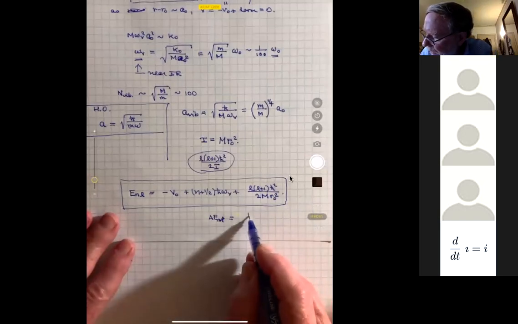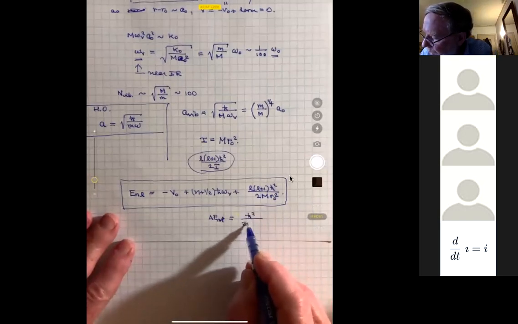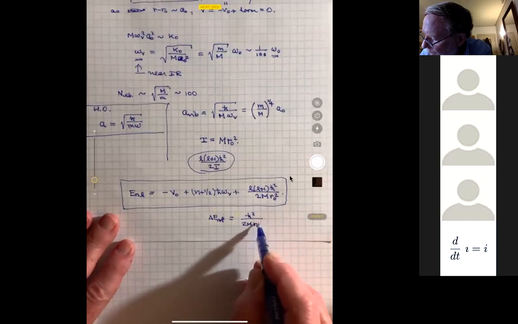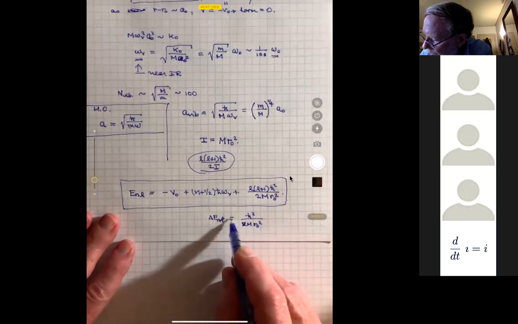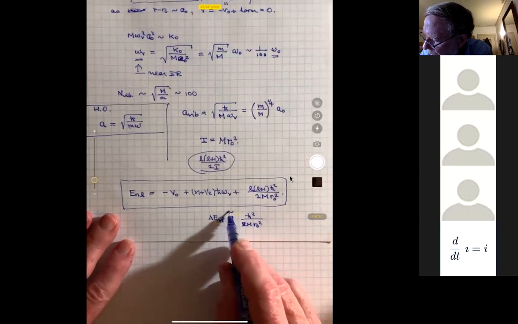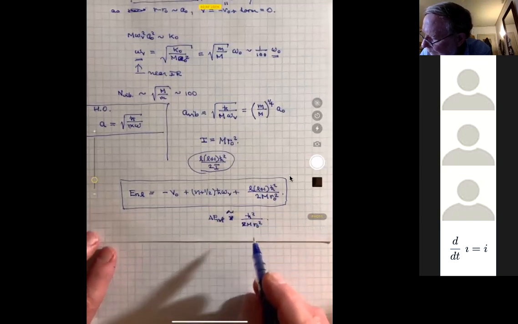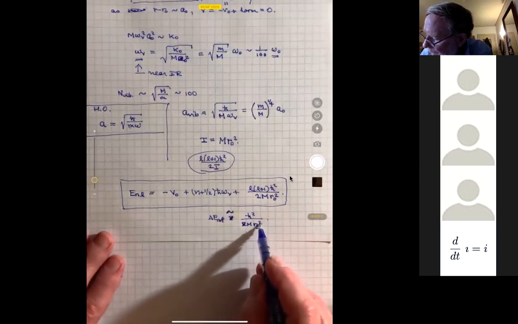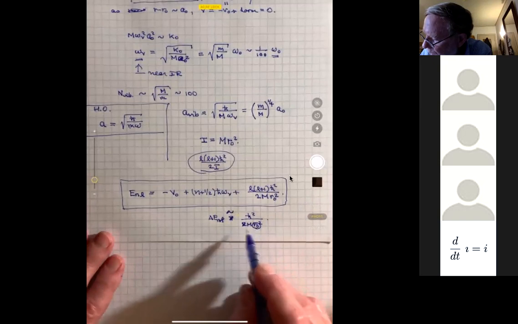So what you get is h bar squared over 2M r naught squared. We'll kill the 2 because we're just doing order of magnitude estimates, and the r naught we'll replace by a naught. We know the rest of these things.